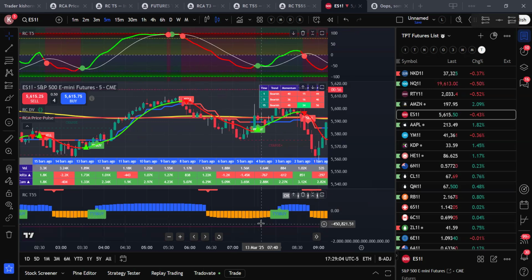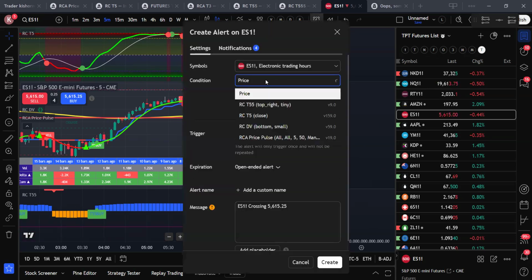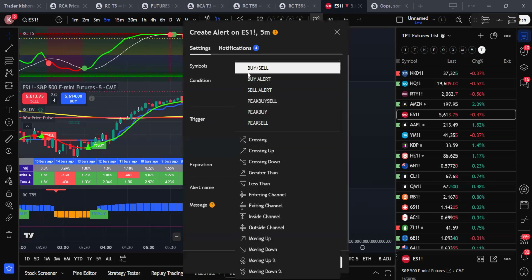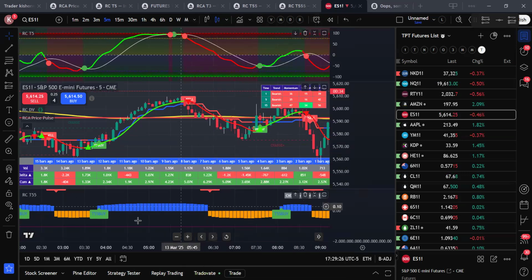If it creates a double bottom and then you get a buy signal, that is a peak buy signal. So you can also set notifications that will also make some nice profits. Either you can do notification on T55 buy sell or you can do it on peak buy sell. If you get those notifications, then they are good opportunities. So that is the second change which we made to the T55.